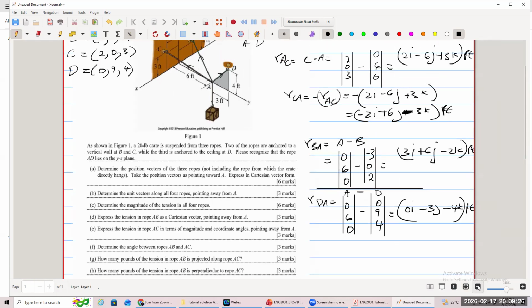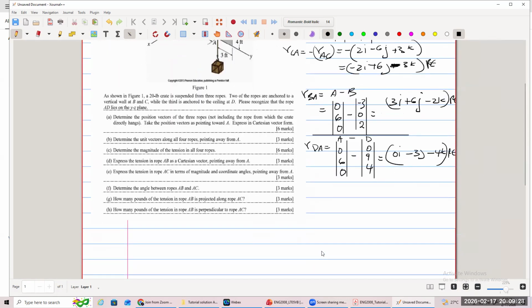So they really want RAC, going from A to C, which is the reverse of RCA, and we can write that as 2i minus 6j plus 3k.